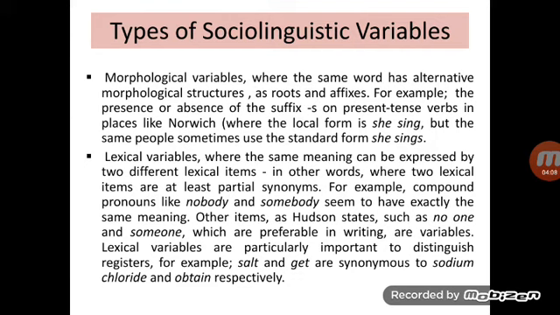Other items, as Hudson says, such as no one and someone, which are preferable in writing rather than in speech, are also variable. Lexical variables are particularly important to distinguish registers. For example, words such as salt and gas are synonymous to sodium chloride and octane, respectively.